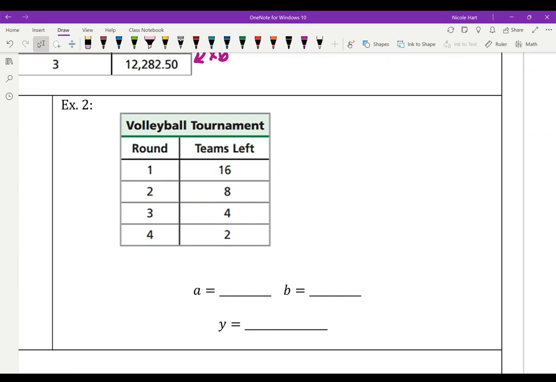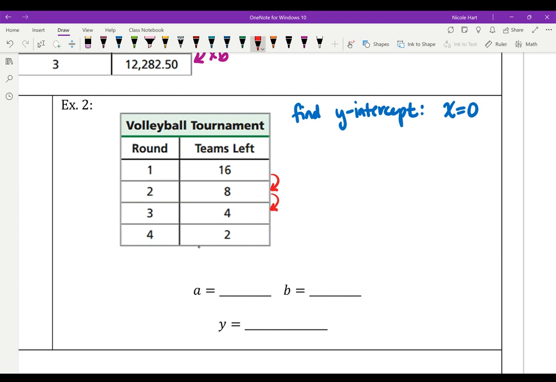Looking at our last table example, we have no visible y-intercept. I don't have when x is equal to 0. So instead, first I'm going to start by finding the b value. So we have to look at what each number is multiplied by to get the next one.